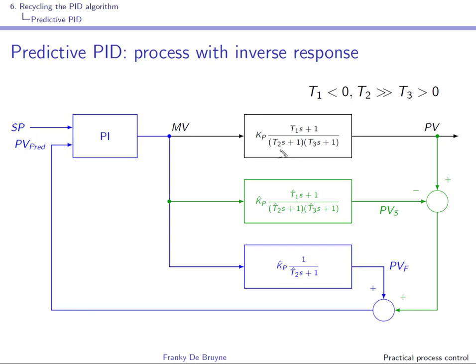The system is stable, so T2 and T3 are positive, and we'll assume here that T2 is substantially larger than T3. So T2 here is the main time constant, and since we have an inverse response, we know that T1 is negative, right?